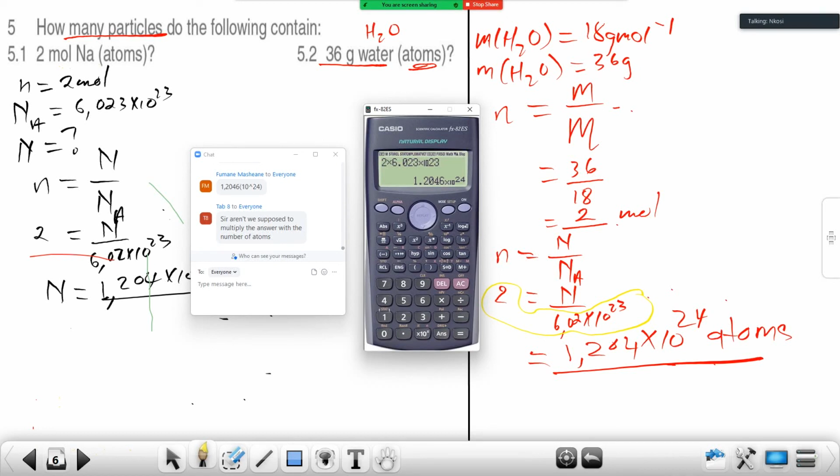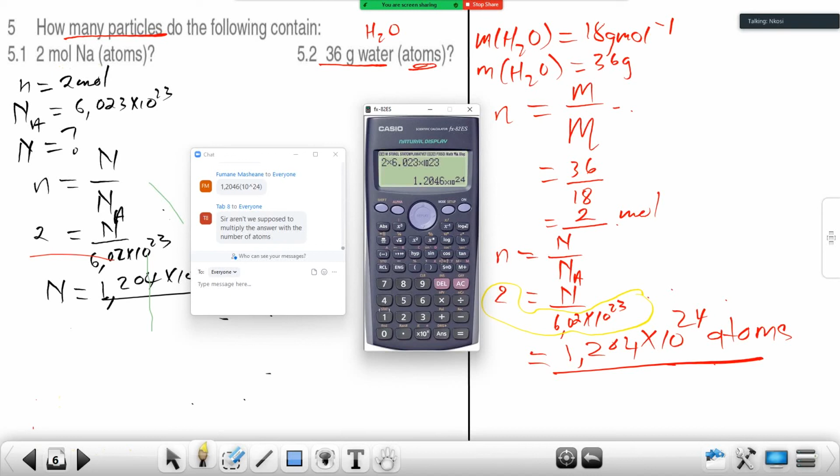Hydrogen atoms. Then we're in a position of now, if we get the number of moles and the number of atoms, we'll multiply the number of atoms with what? With the 2 of hydrogen, and oxygen will have the 1. But now the question is specific that we want now what? The atoms that are in water, not the number of hydrogen atoms in water.